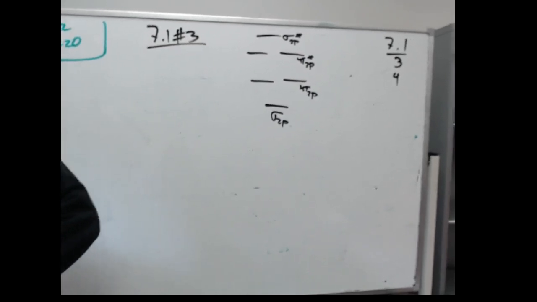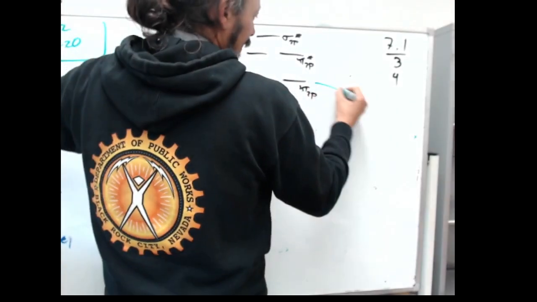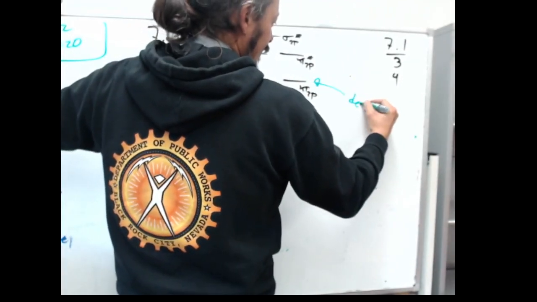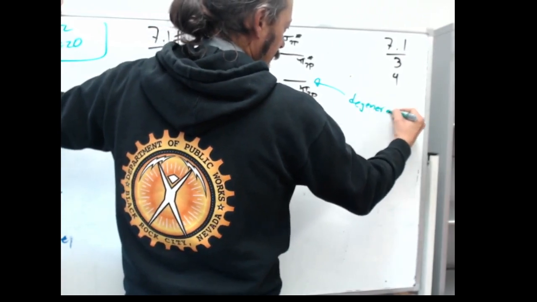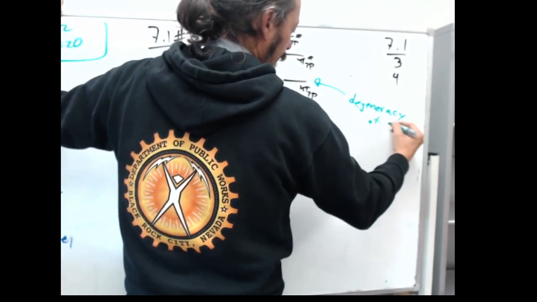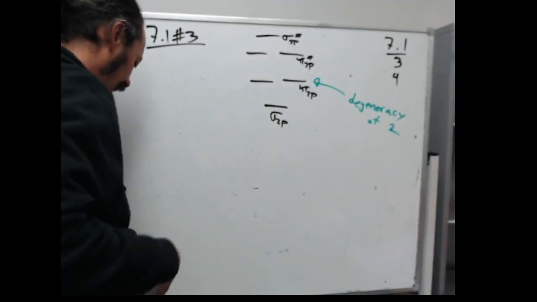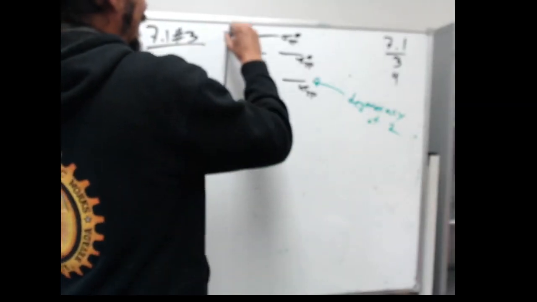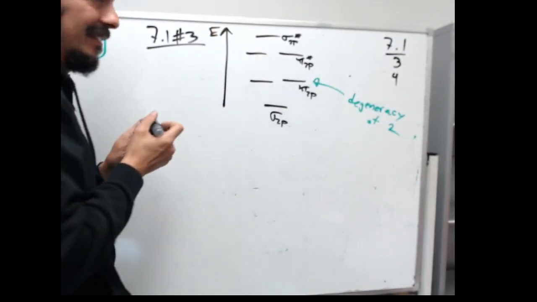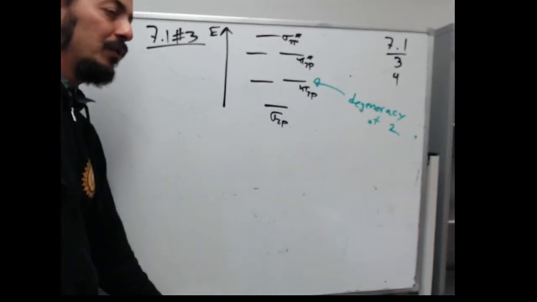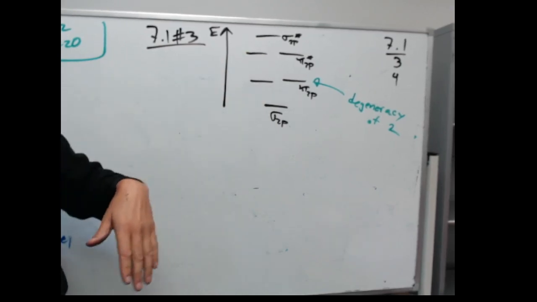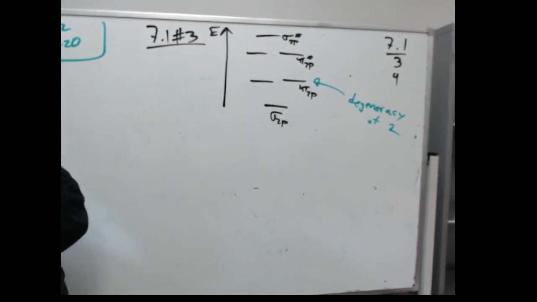Put a little arrow in here. I think what threw me off was the phrase "with the same energy." Yes, they have the same energy, remembering that the y-axis here is an energy axis. Whenever you have two marks on the same line, they're degenerate in energy.